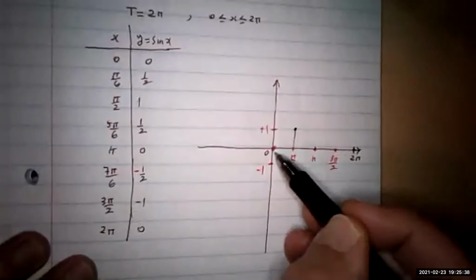You go down first, down to the minimum, then to the intercepts, then to the maximum, then to the intercepts. This is another period of the function. And you can go on forever because this function is periodic. It's just going up, down, up, down to get all these numbers.